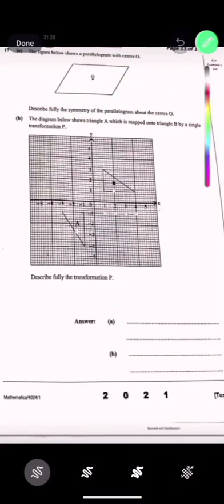You can also rotate it such that this part moves like this and comes back to where it was, 2. So it has a rotation symmetry of order 2 and 0 lines of symmetry.